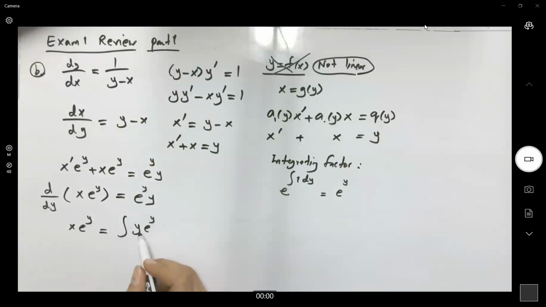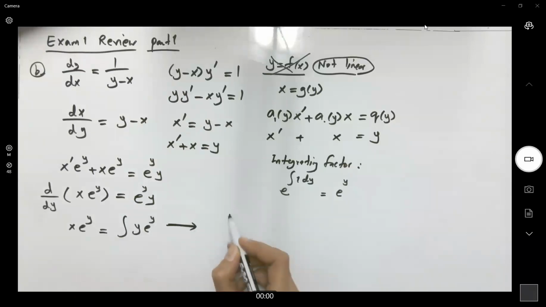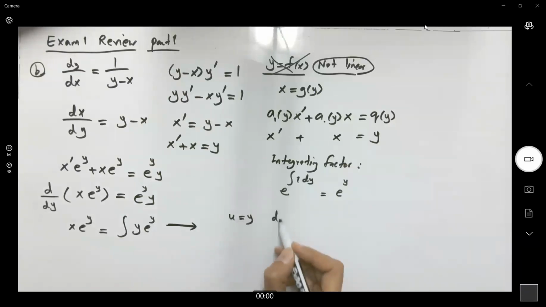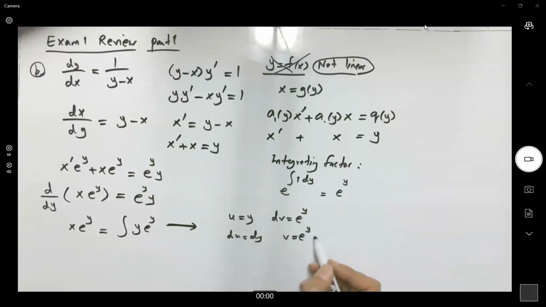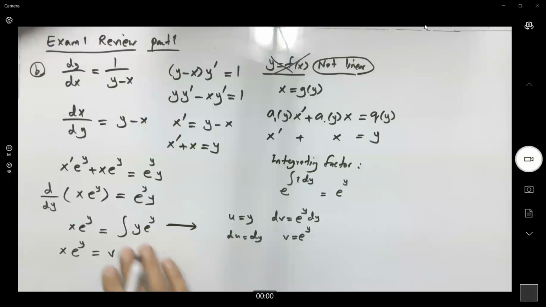Here we have to use integration by parts. u is y, dv is e to the y dy, du is dy, and v is e to the y. So x e to the y becomes uv, y e to the y, minus the integral of v du, e to the y dy.